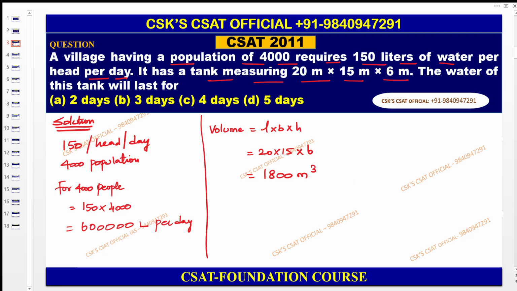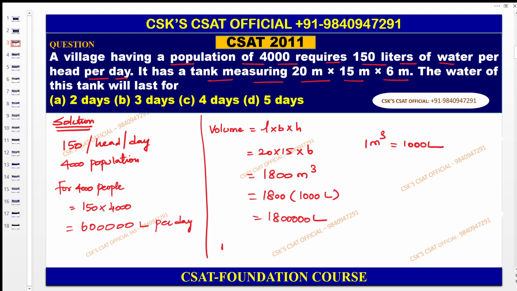Okay, so now after this, you know 1 meter cube is equal to 1000 liter. So substitute here: 1000 liter, which is equal to 18, 1 2 3 4 5 zeros.